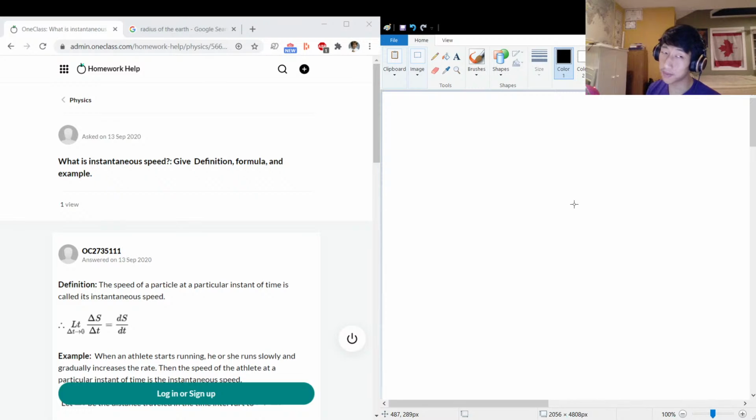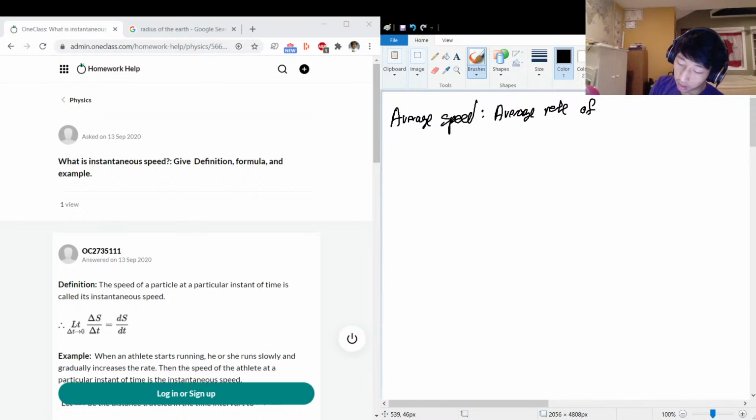The average speed is the total distance divided by the time taken.